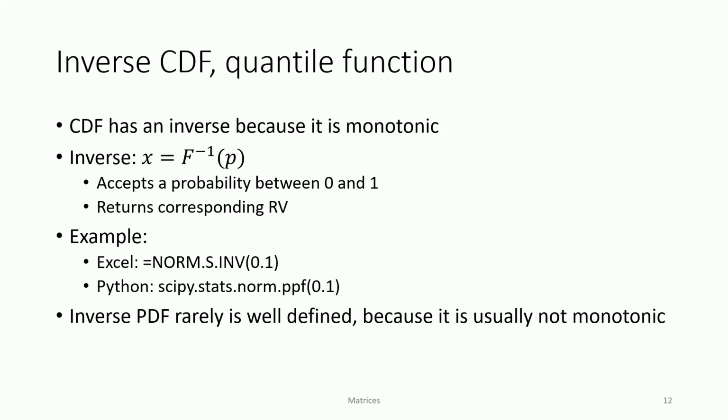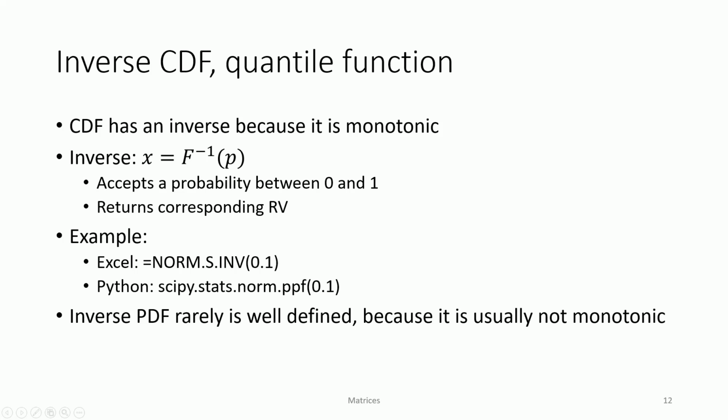Because we can define inverse CDF because it's a monotonic increasing function, but PDF is not monotonic, right? It can go up and down and so on. Usually it's not monotonic. There are cases where it is, but most of our PDFs are not monotonic. So defining inverse PDF is a little bit tricky, right? Because of the mathematics. It's just not that easy, right?